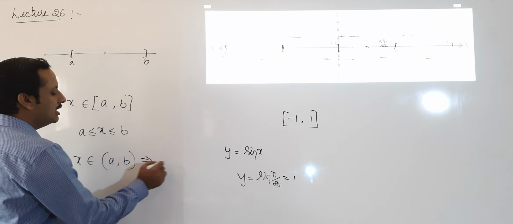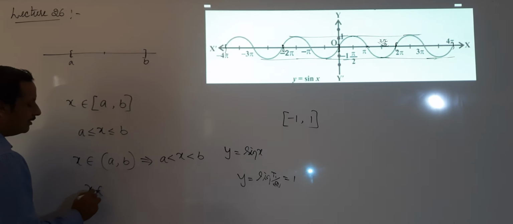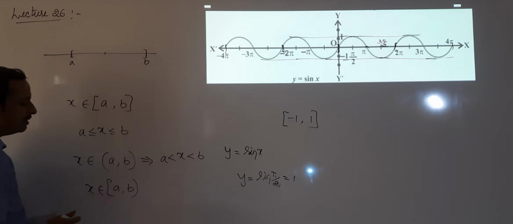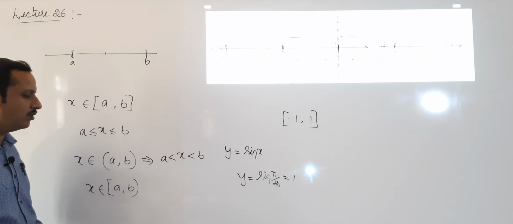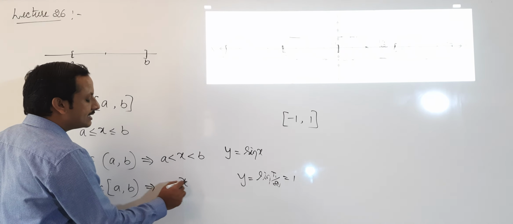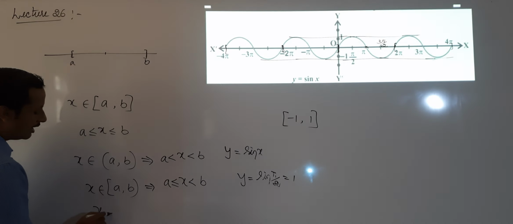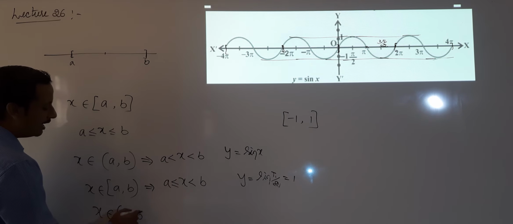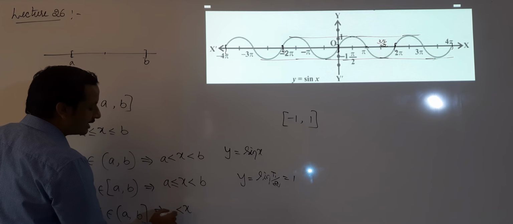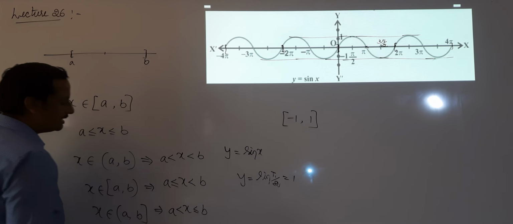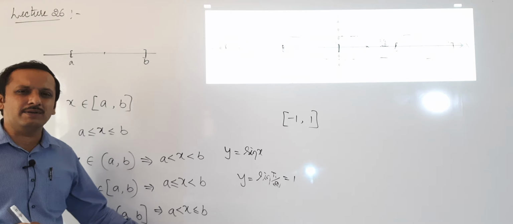Its meaning is x is greater than A but less than B. Then if I write it like this, this is the interval AB, closed at A and open at B. Its meaning is x is greater than or equal to A but less than B. Then if I write x belongs to AB, open at A, closed at B, this implies that x is greater than A but less than or equal to B.